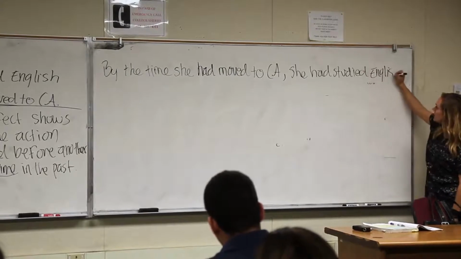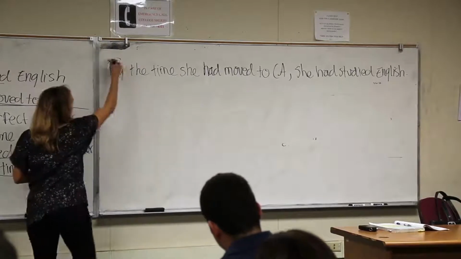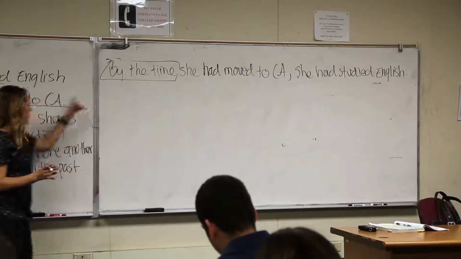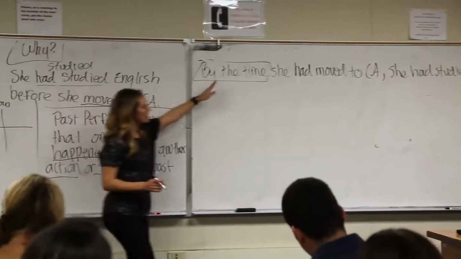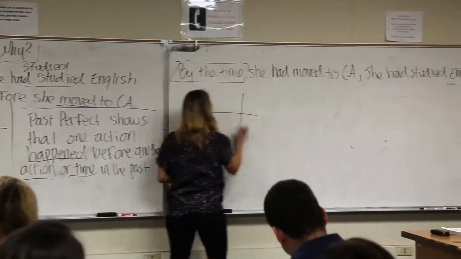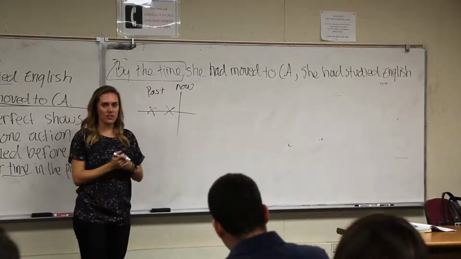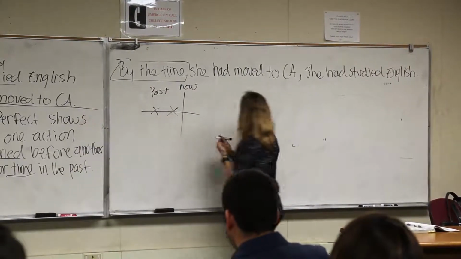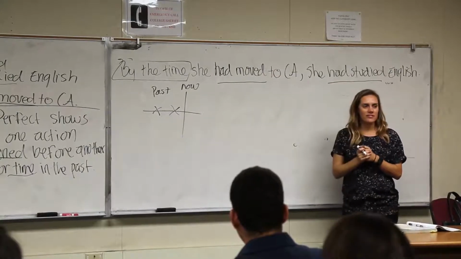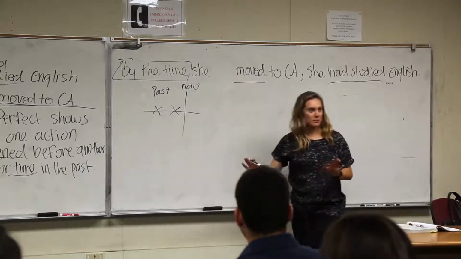Okay. Here, again, we have a time word, maybe not so clear as this one, but it's a time word that shows that something happened before something else. We have two actions that happened in the past. What are those two actions? Now, actually this is wrong. Sorry, I didn't mean to put that, okay?